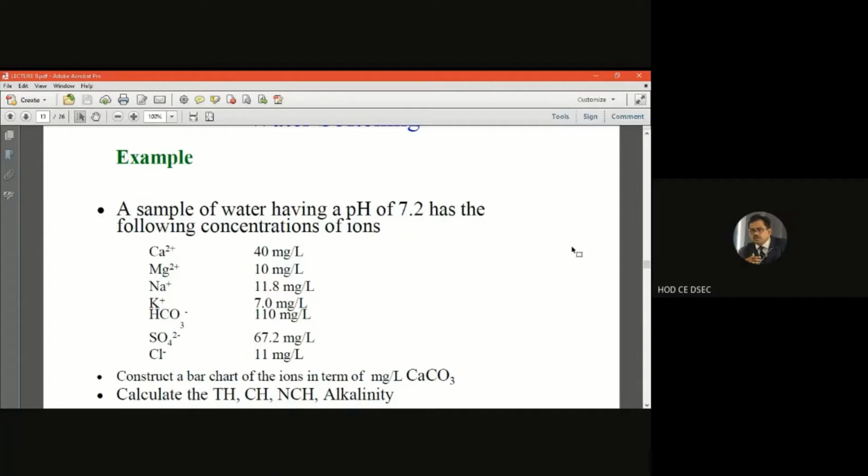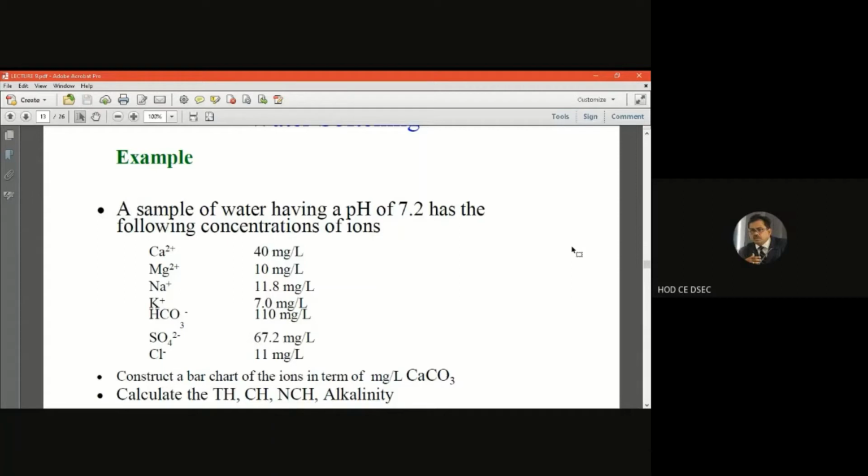I'm just reading the problem, what is given in the sample. Water sample pH is given. What is the pH value given? That is 7.2. Now the concentrations of ions in the water sample are stated: calcium 2 plus equal to 40 milligram per liter, magnesium 2 plus 10 milligram per liter, sodium plus 11.8 milligram per liter.